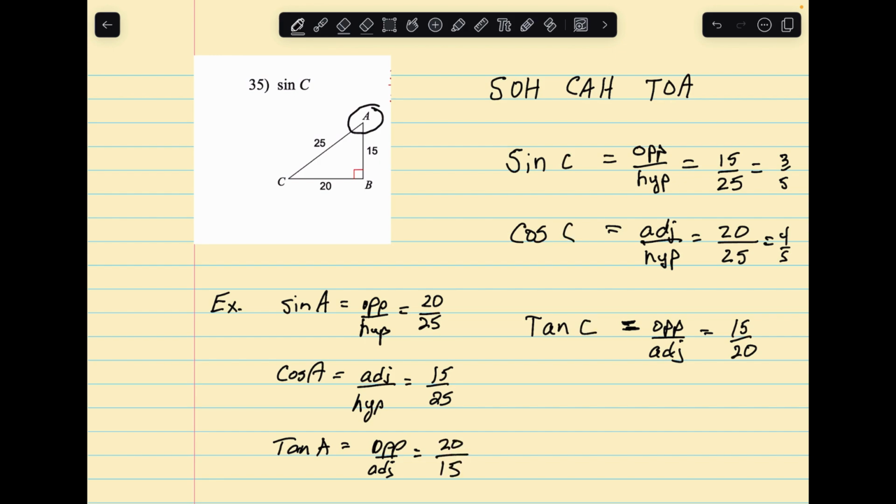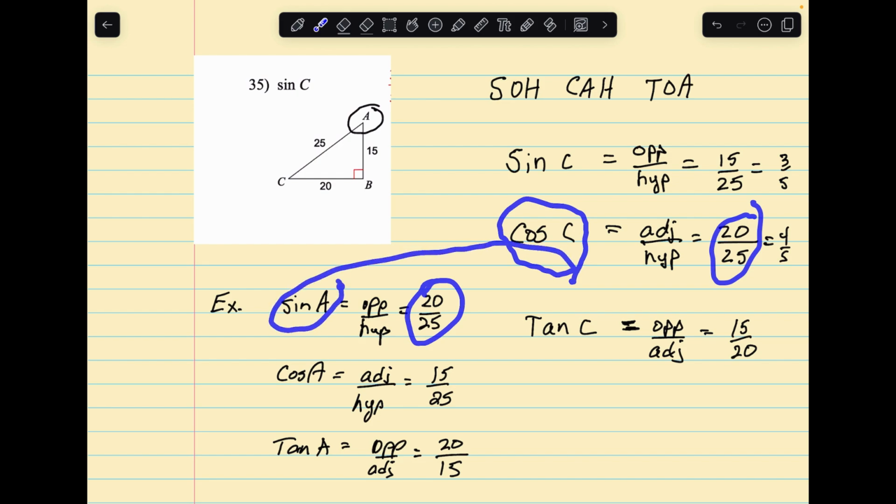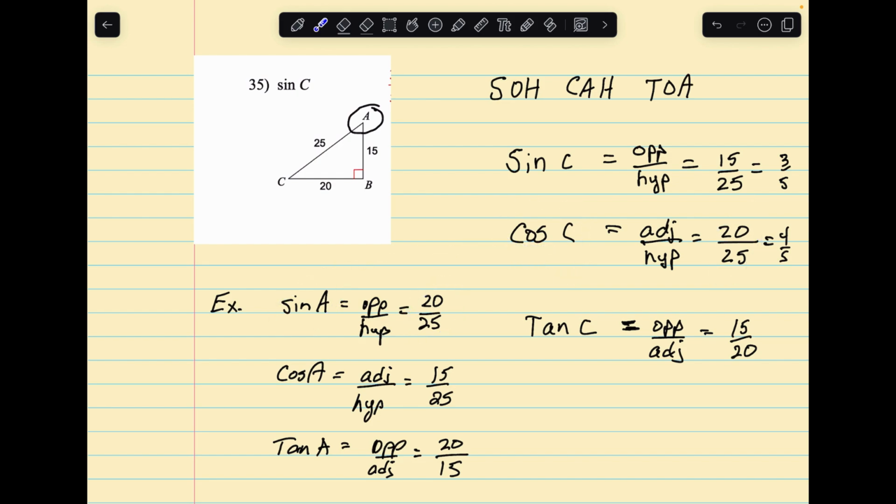Now look at this. 20 over 25. The cosine of C equals the sine of A. Look at this. 15 over 25.